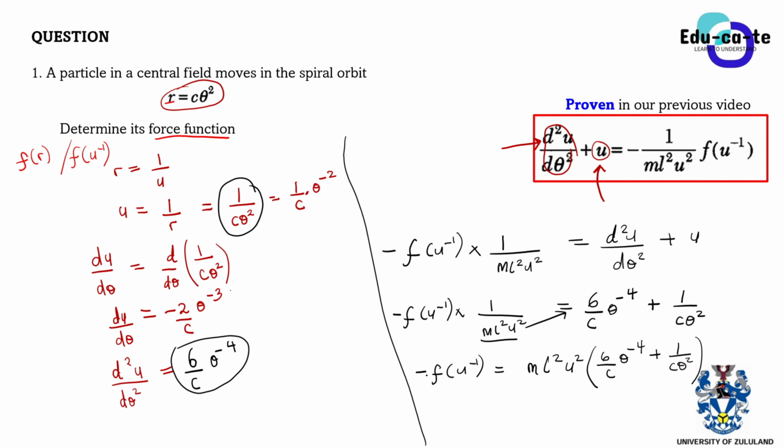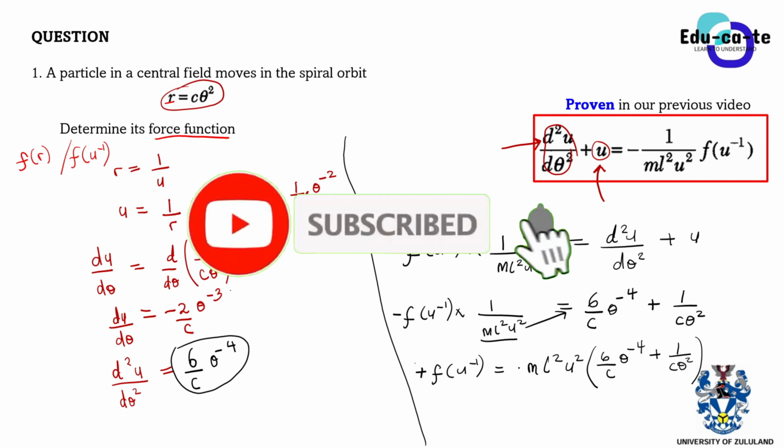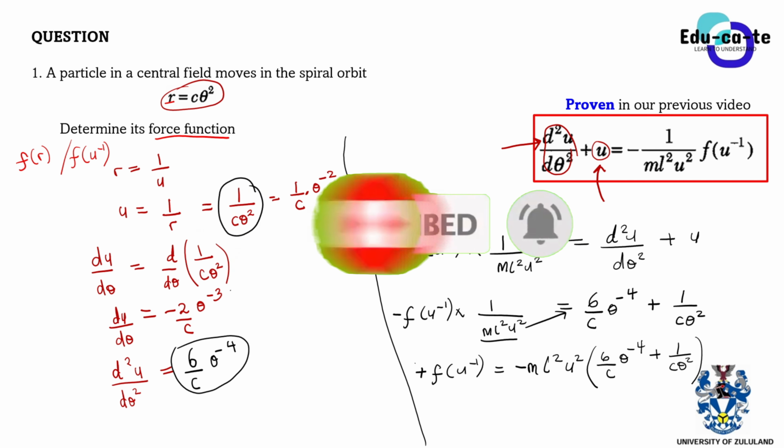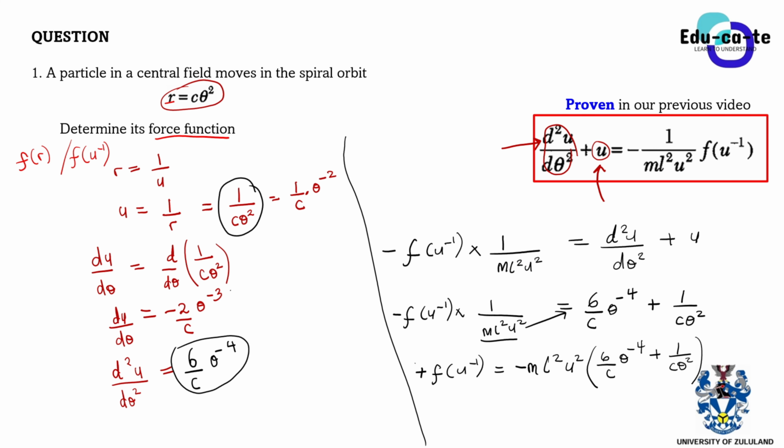You can remove the negative and just multiply by negative 1. This is negative m l squared u squared into 6 over c theta to the power of minus 4. You can take the theta downwards for factorization and simplification, but otherwise we are done with the physics part.